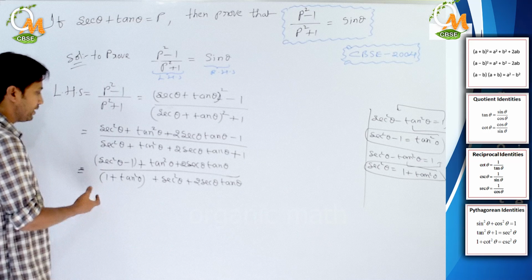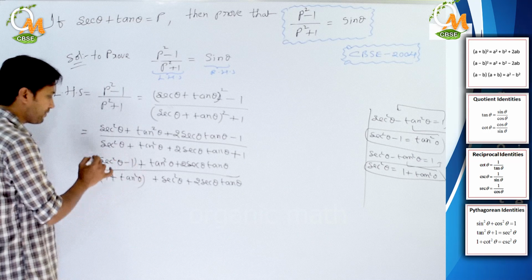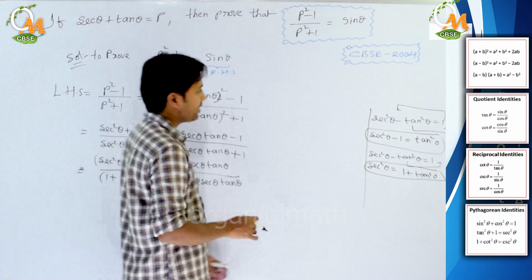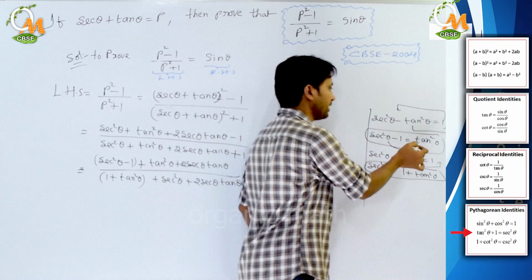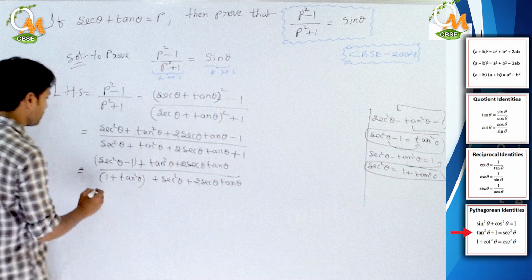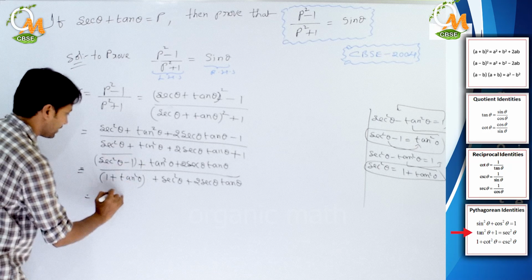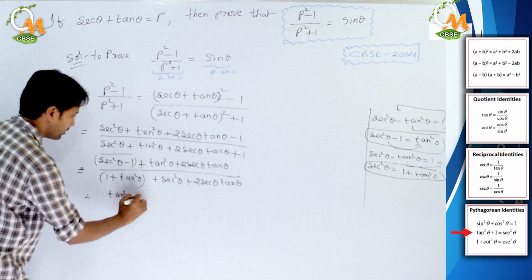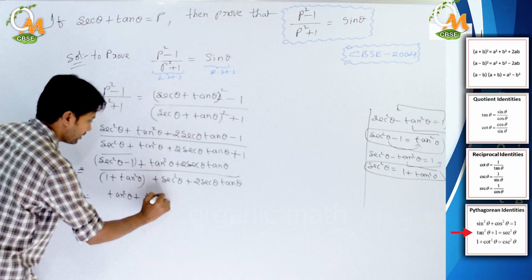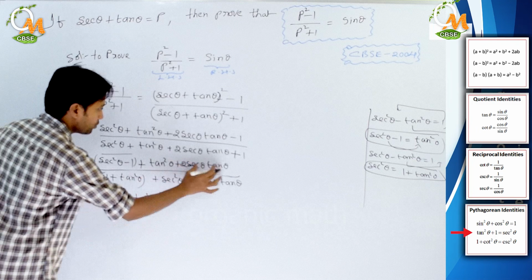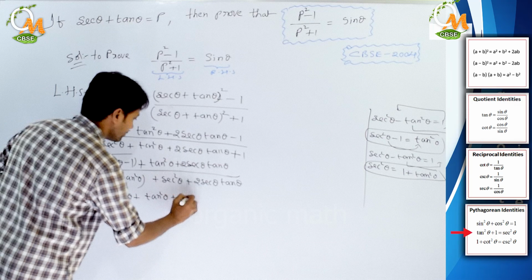Now what can we do here? Here secant square theta minus 1 we got or not? So secant square minus 1 theta can be replaced by what? Tan square theta or not? Yes. Just put it down. So this expression can be written as tan square theta plus tan square theta plus 2 secant theta tan theta.